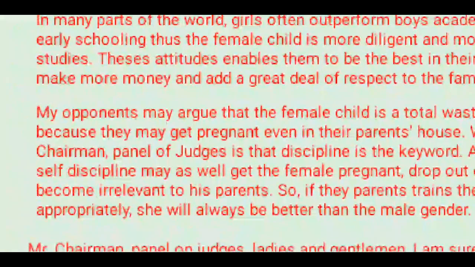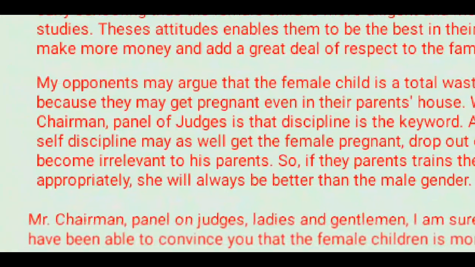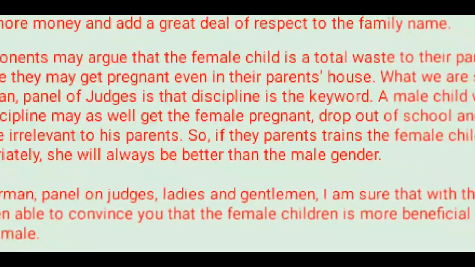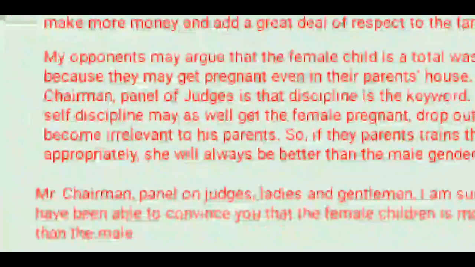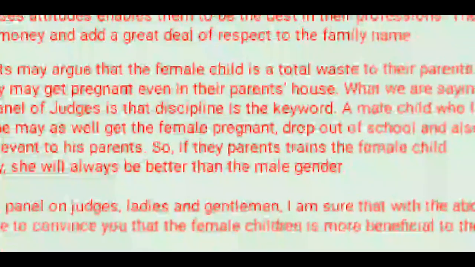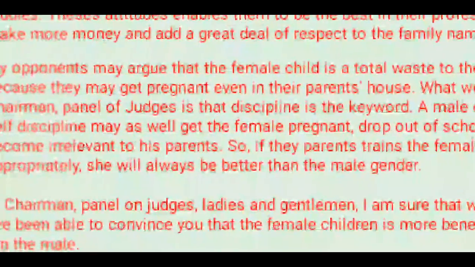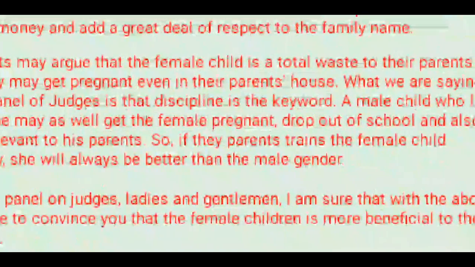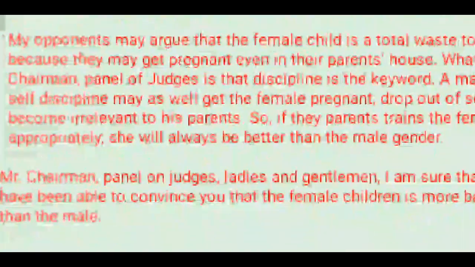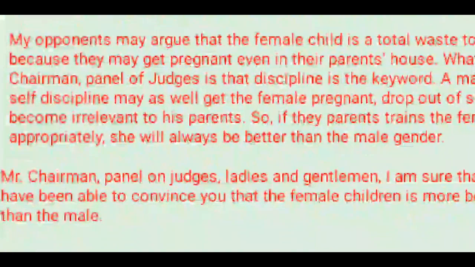Now, let's look at the next paragraph. It says, "My opponents may argue that a female child is a total waste to their parents because they may get pregnant even in their parents' house. What we are saying, Mr. Chairman, panel of judges, is that discipline is the key.